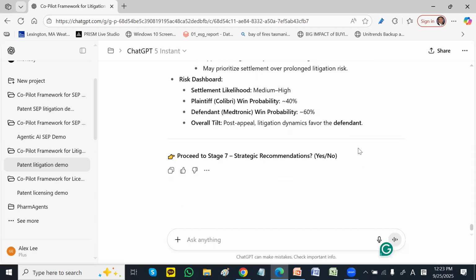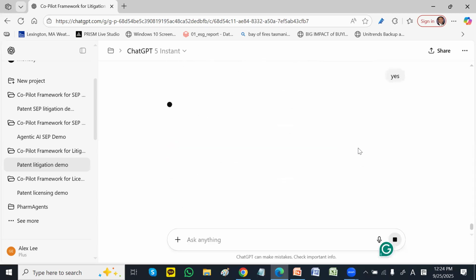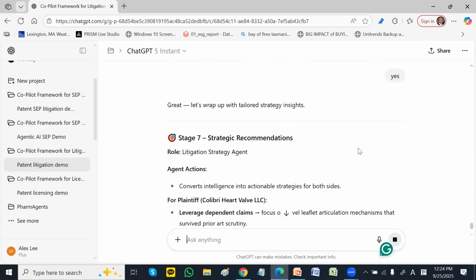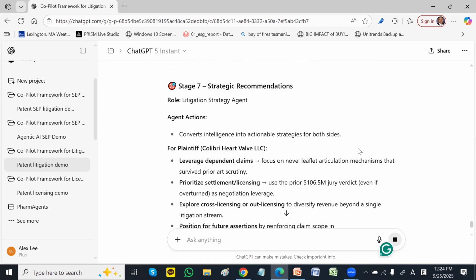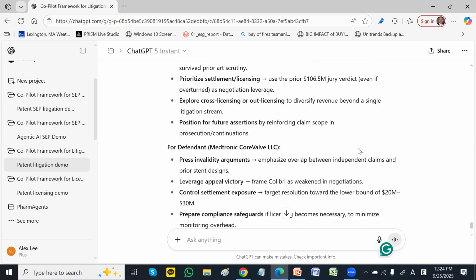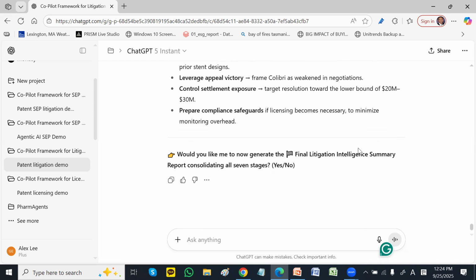And then a strategy recommendation about this litigation. And then it'll give you the final report.